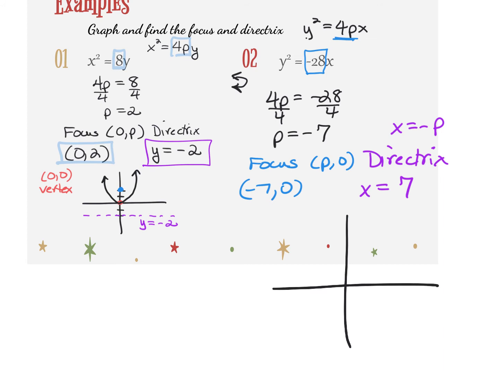So again, vertex is at 0, 0. Nothing was added or subtracted to the y squared or the x. My focus point is at -7 comma 0. I'll just say it's right around here. And then my directrix, again, equally distant from that vertex, is going to be over here at +7.